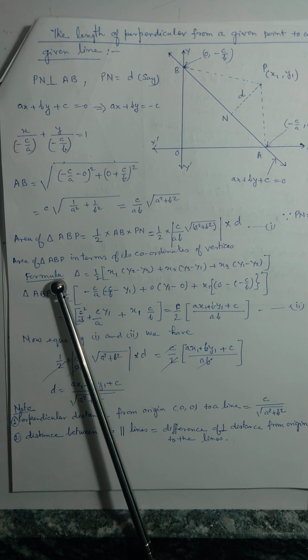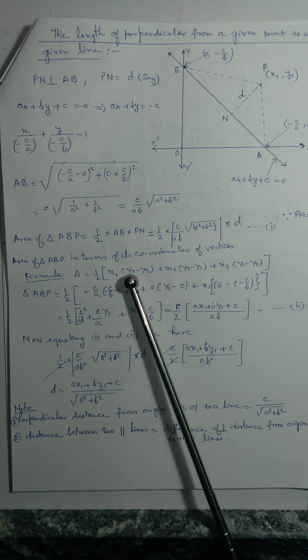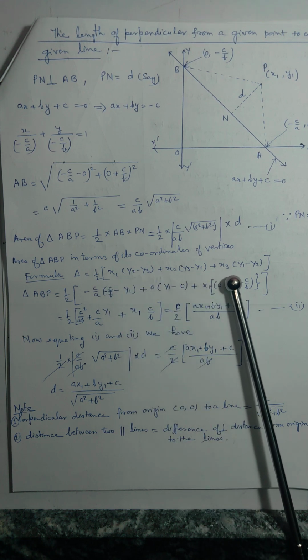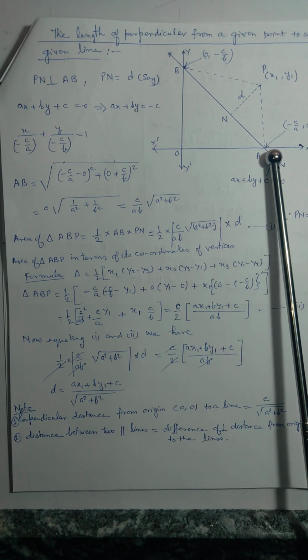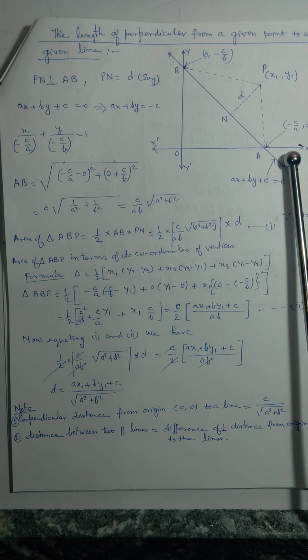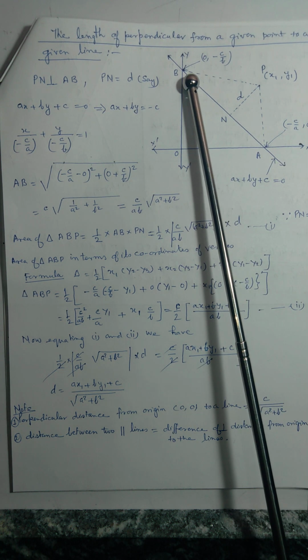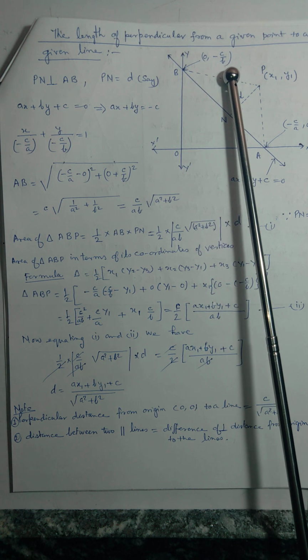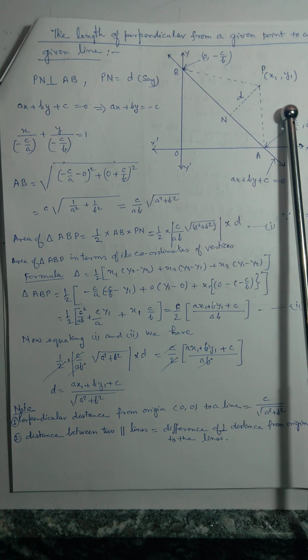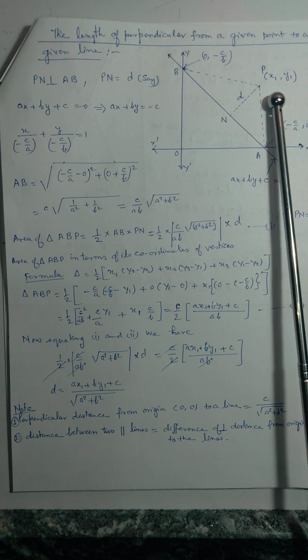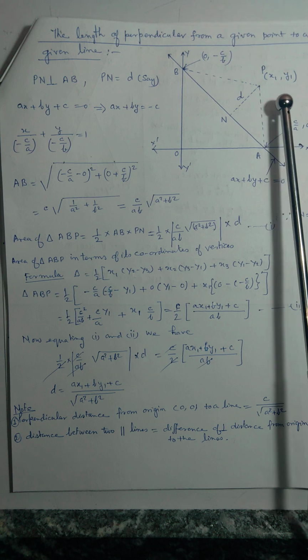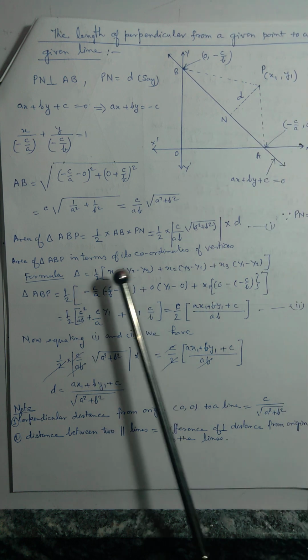Now the area of the same triangle ABP in terms of the coordinates of its vertices. You see the vertices are given: minus c by a, 0; the coordinate 0, minus c by b; and the coordinate of the point P is x1, y1.